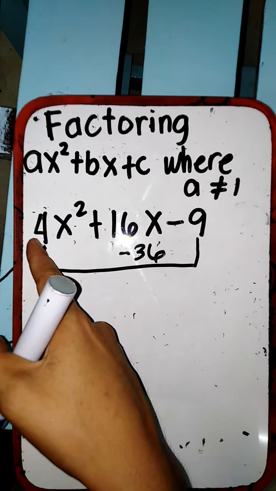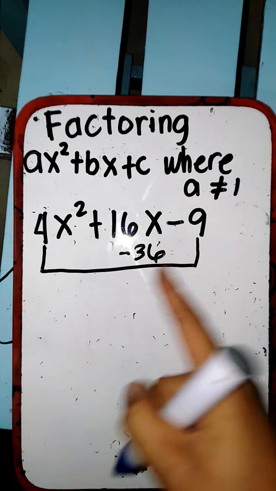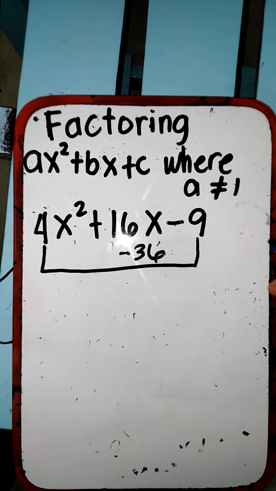To avoid confusion, just use 4 and negative 9. 4 times negative 9 is negative 36. Then let's find the factors of negative 36.